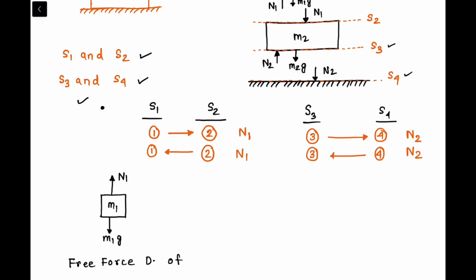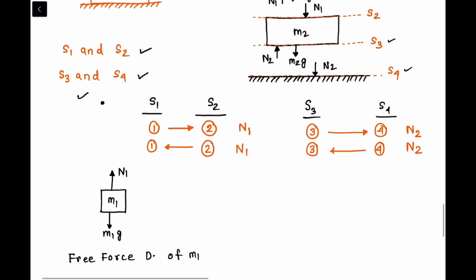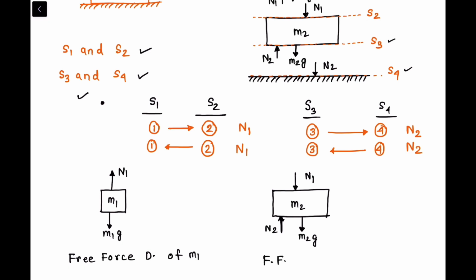Okay, for M2 what will be the free body diagram? We have already completed this. For M2, downwards will be N1, upward will be N2, and downwards will be again M2g. So this is the free body diagram of M2.